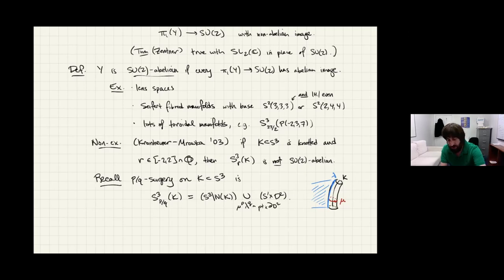And the point is that, for example, none of them are S3, because if they were S3, then that surgery would be SU2 abelian, because it would have trivial fundamental group.